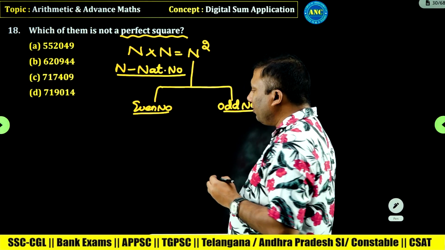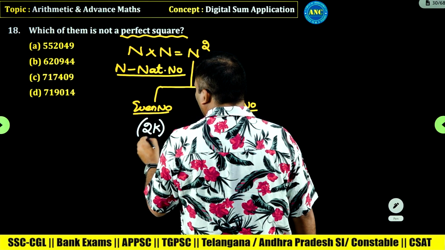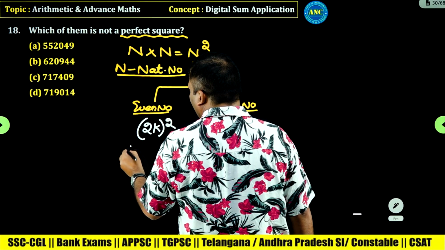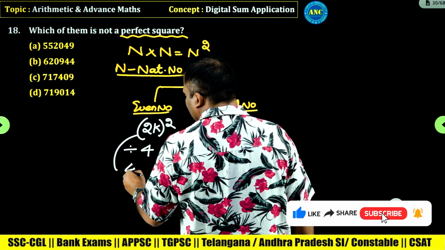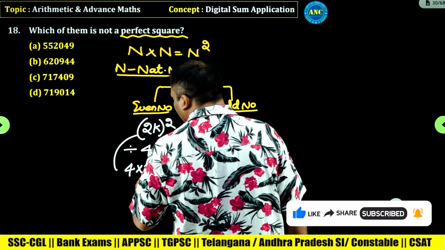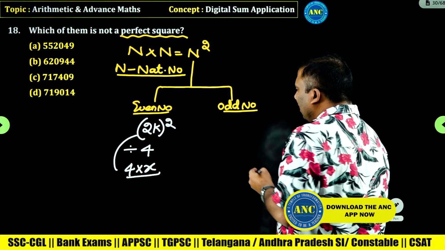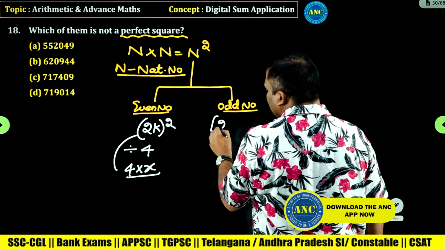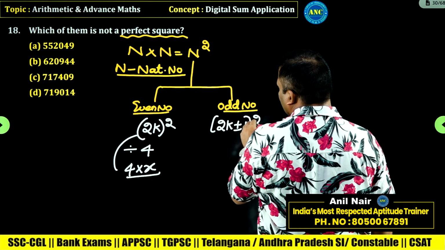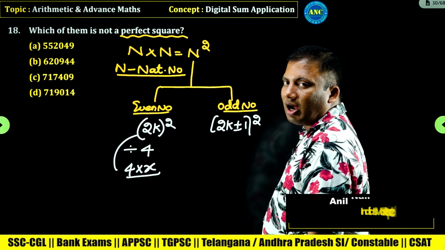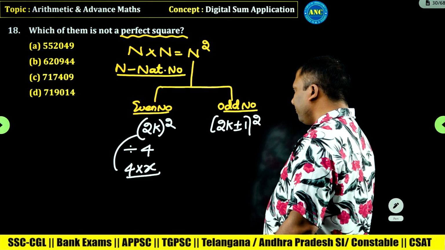What is an even number? Any number which is perfectly divisible by 2, of the form 2k. Its square, (2k) whole square, is 4 into something, so the answer is divisible by 4. If it is an odd number, it is not divisible by 2. That means the odd number form will be 2k plus 1 or 2k minus 1.